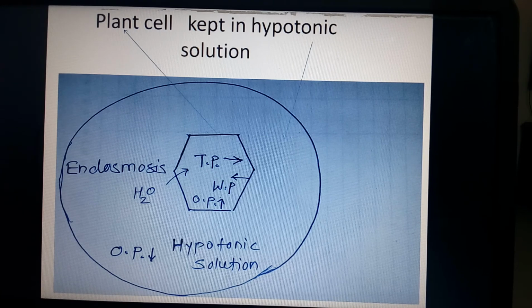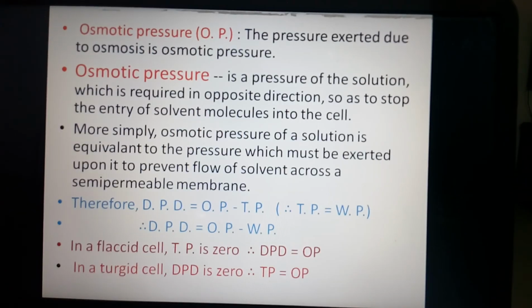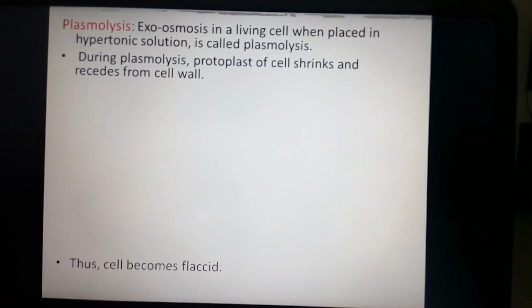But instead of a hypotonic solution, if we place this plant cell into a hypertonic solution, then what happens? Water from the cytoplasmic content of the plant cell starts to move out, and the process is called exosmosis.